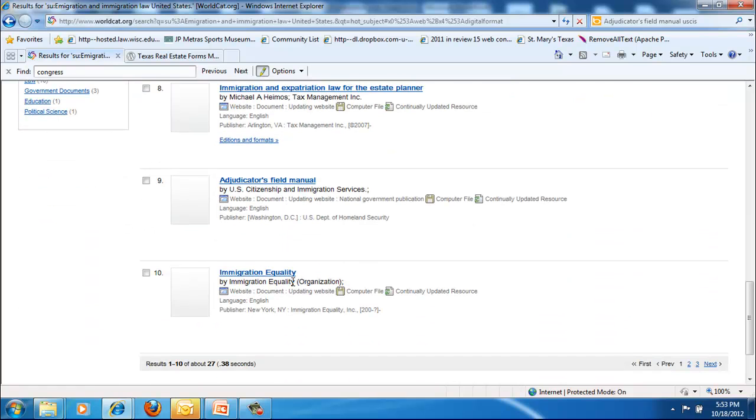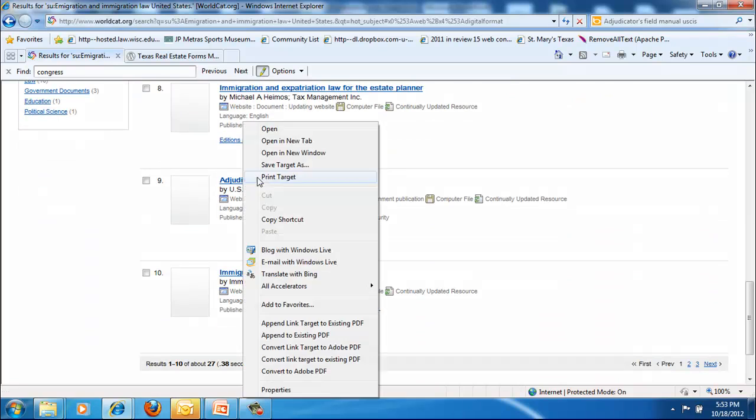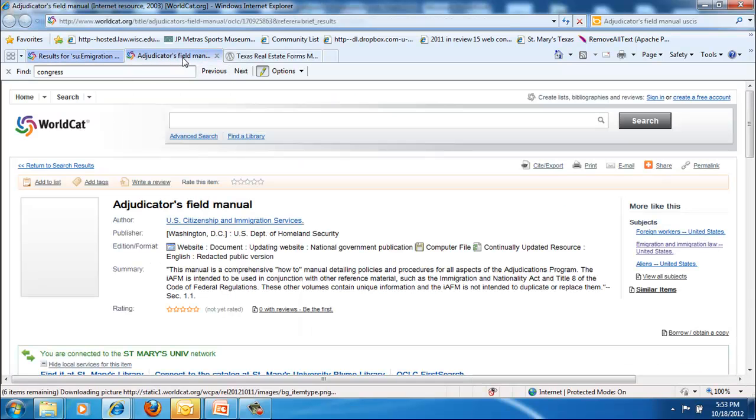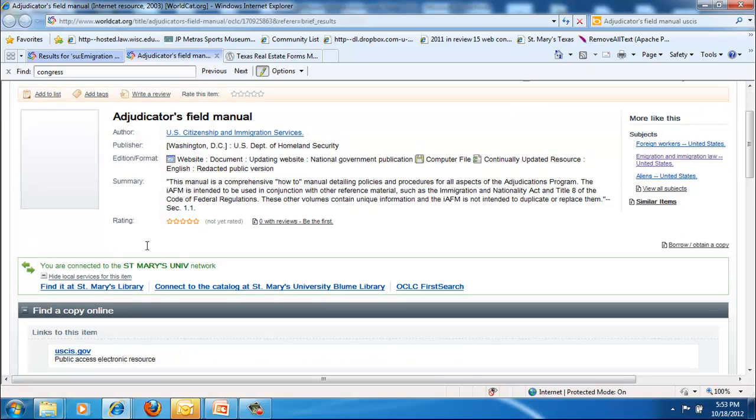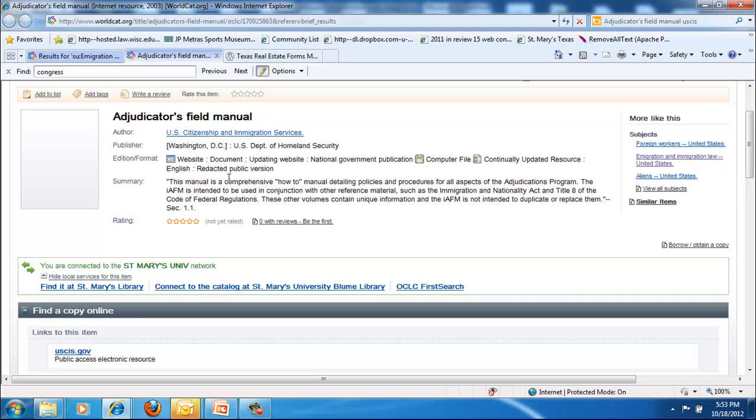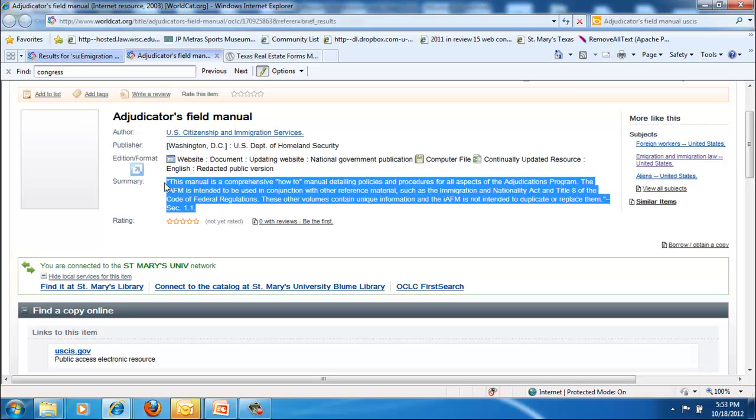Court Practice Manual. Oh, the Adjudicator's Field Manual. By USCIS. This is actually the manual that is given to the employees at USCIS who look at immigration claims and have a hearing on the immigration status of people.